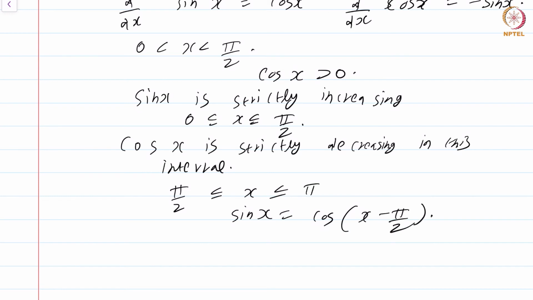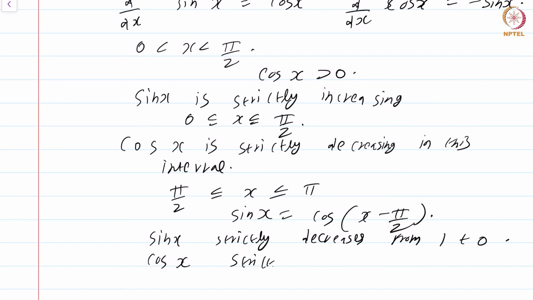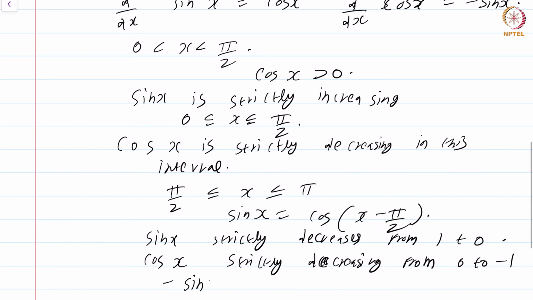So that means in this interval sine x strictly decreases from 1 to 0, whereas cos x is strictly decreasing from 0 to -1, because the derivative is minus sin x, which will be less than 0 in this interval, which is what we have established right now.